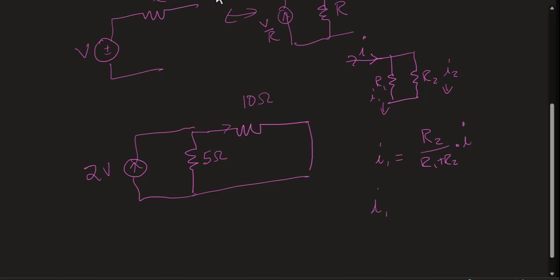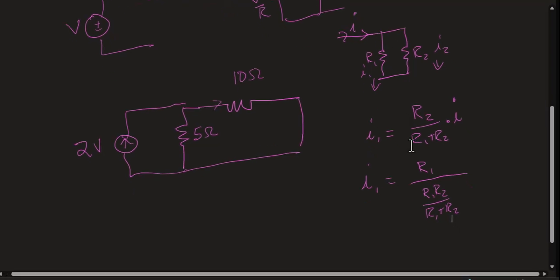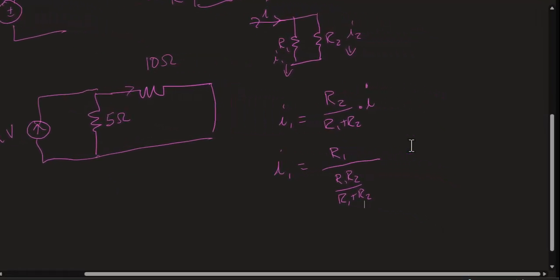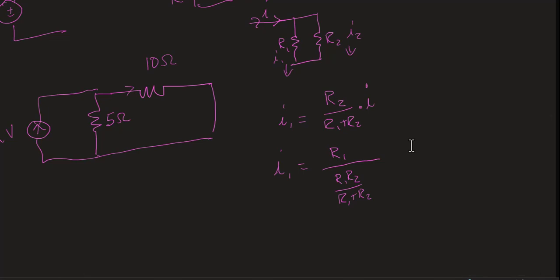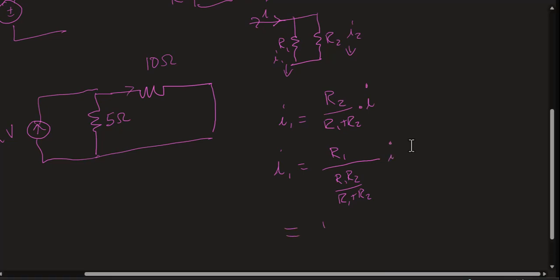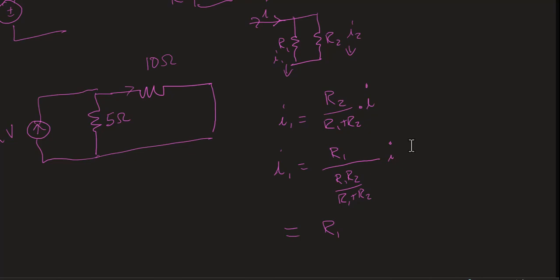The way I believe y'all do it is you say R1 over the equivalent resistance, which is product over sum, which is the same as saying... how is it that you do it?